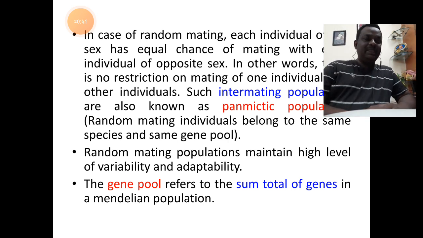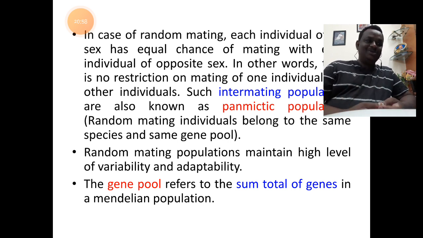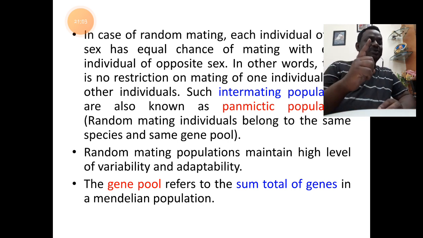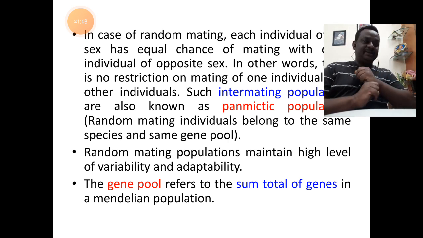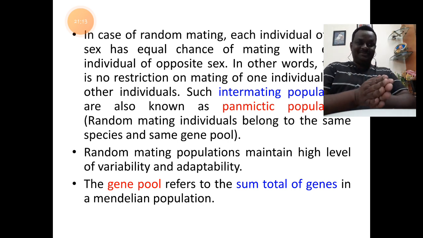For example, if there are 100 individuals in a given population, let us assume each individual has 1,000 unique genes or alleles in them. So there are 100 individuals in a population, each individual contains 1,000 genes. So what is the total number of genes? 100 into 1,000, that is equal to 1 lakh.